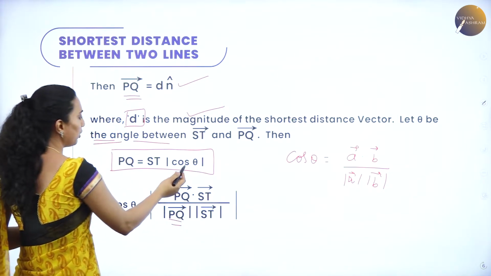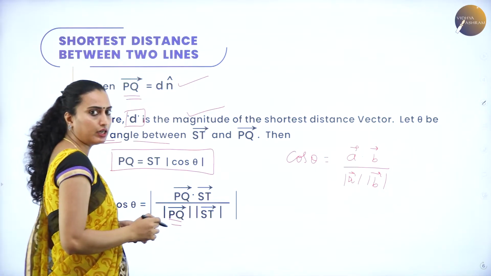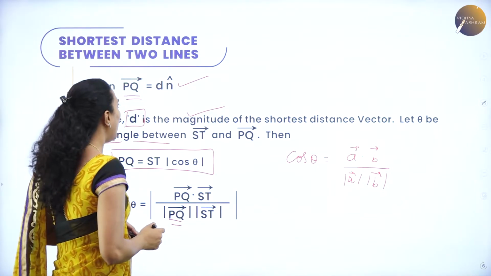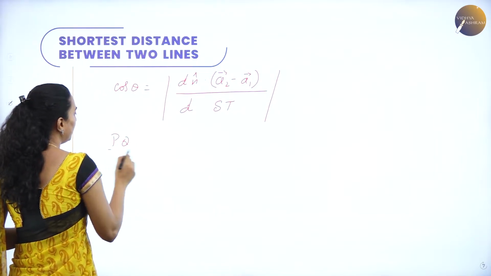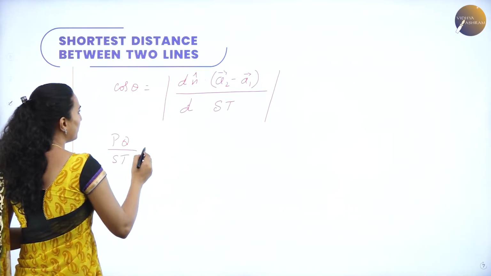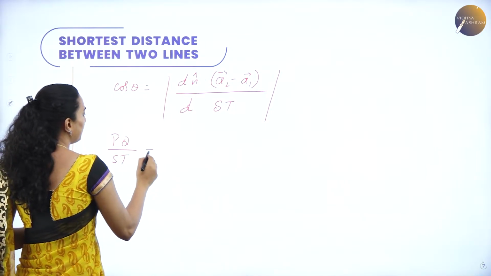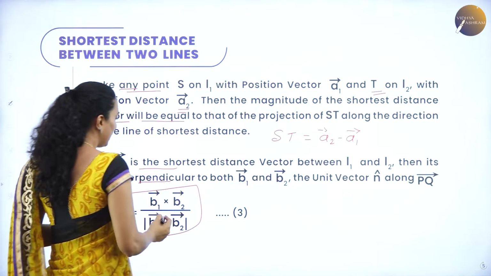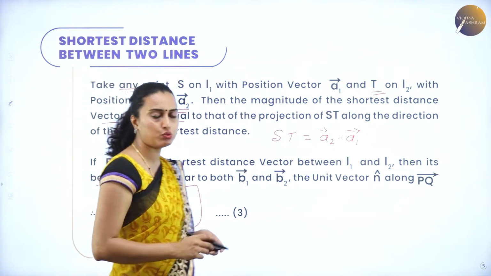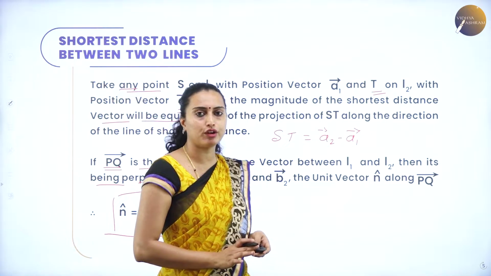Now I am going to substitute for cos theta. Here you have cos theta equal to PQ divided by ST. So therefore I can substitute here: PQ divided by ST, which implies D into n cap. What is n cap? n cap is B1 cross B2 divided by magnitude of B1 cross B2.